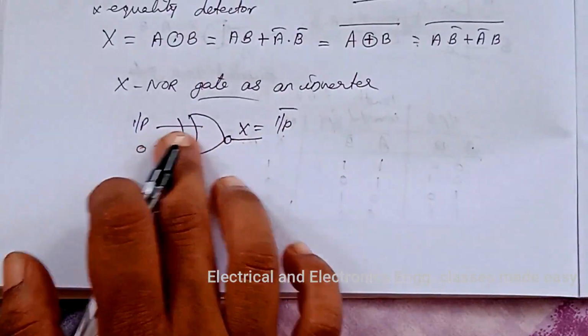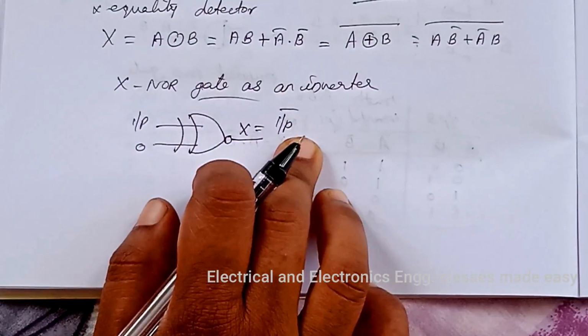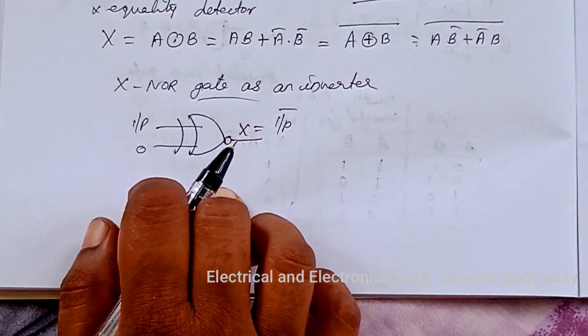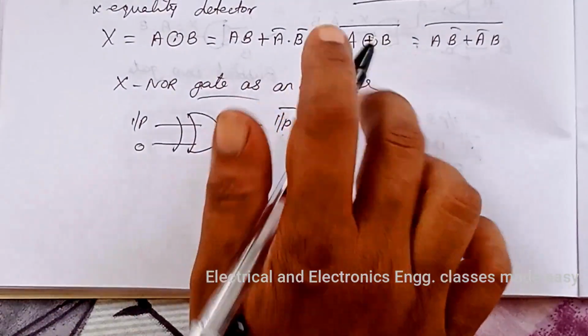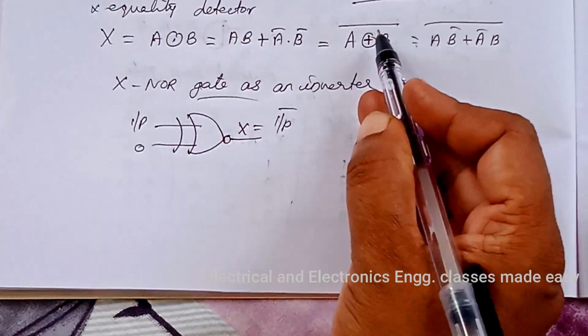Then we will get the input inverted. And remember, XNOR gate is the complement of the XOR gate.